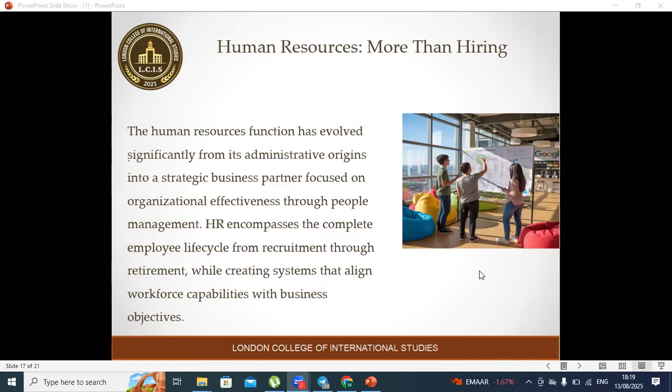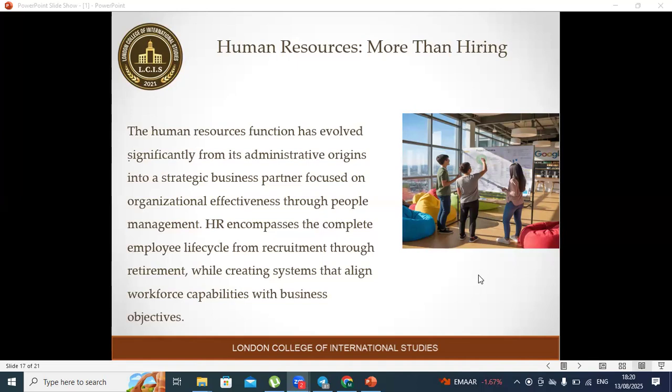The first one, the people who are hiring, HR, more than hiring. We have to know that their job is not hiring or recruiting people only, but they have a lot of jobs. The human resources function has evolved, which means developed significantly, from its administrative origins into a strategic business partner focused on organizational effectiveness through people management.